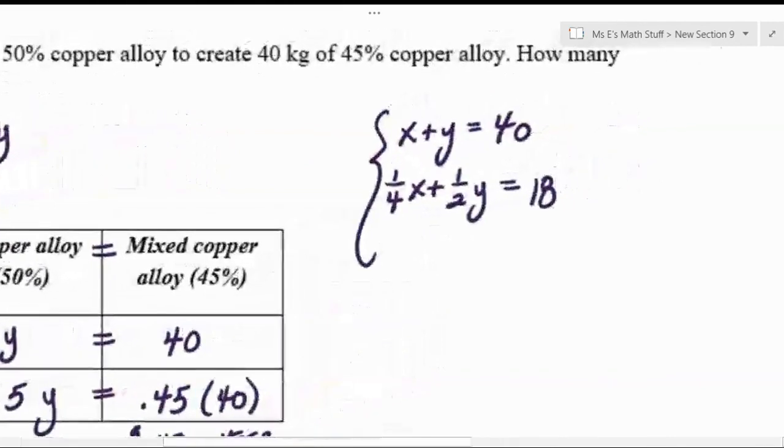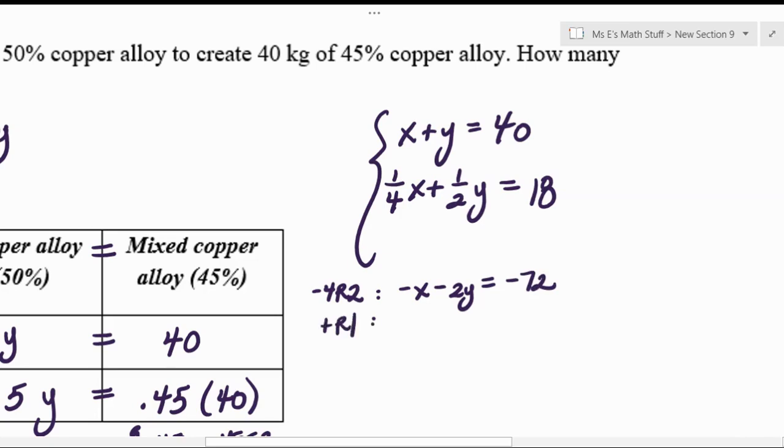I like to get out of the fraction situation, so I'm going to multiply row 2 by -4. That would get rid of all my fractions. We'd have -x minus 2y equals -72. Then I'm going to add that to row 1. The X's eliminate, and we have -y equals -32.